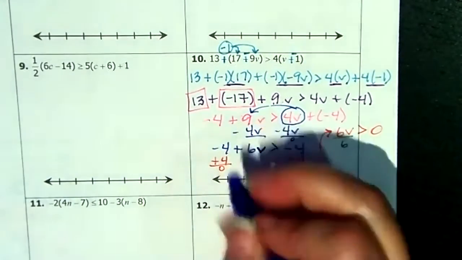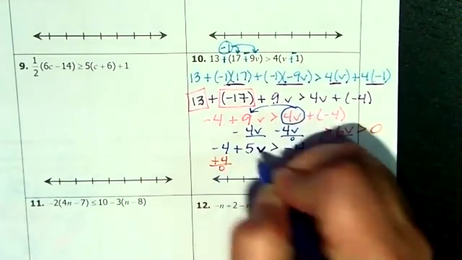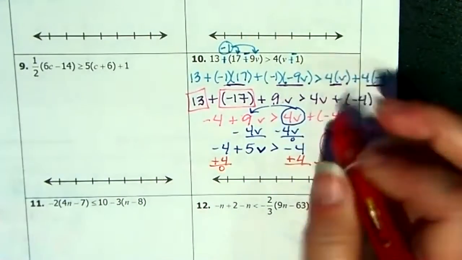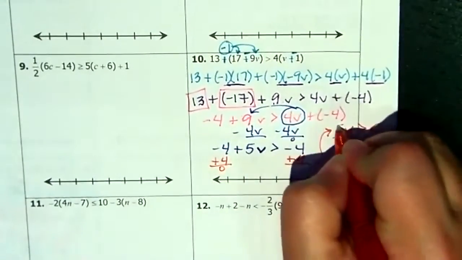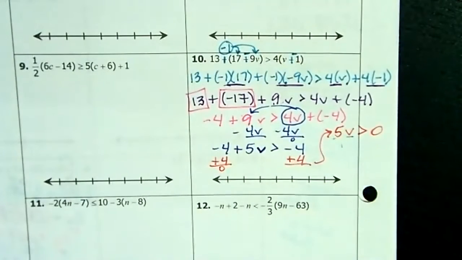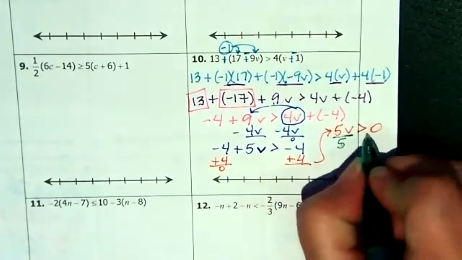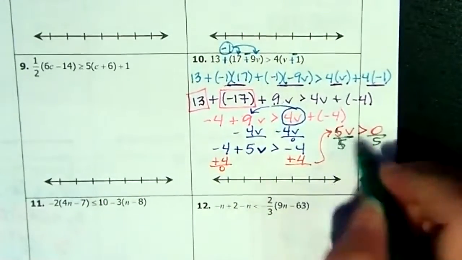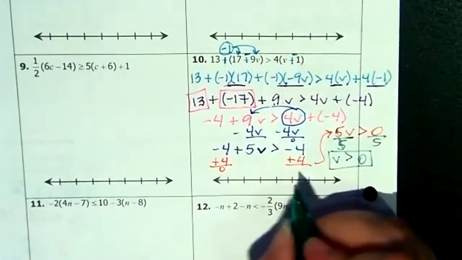So that's going to make this 5v. So I end up with 5v here. And then we divide by 5. Took me long enough to catch that one. Divide by 5, and we have v is greater than 0 as our answer.